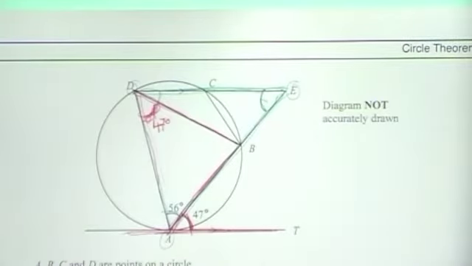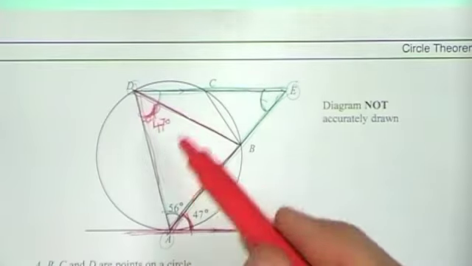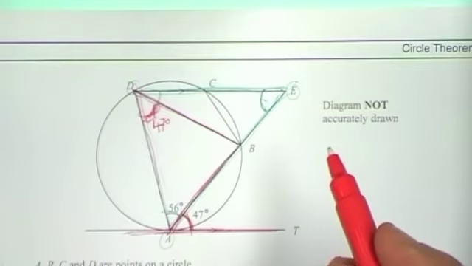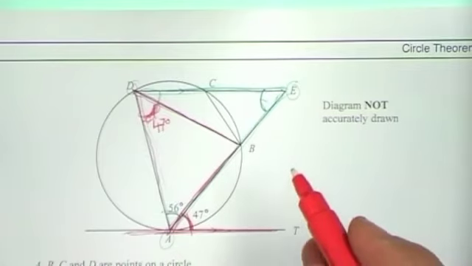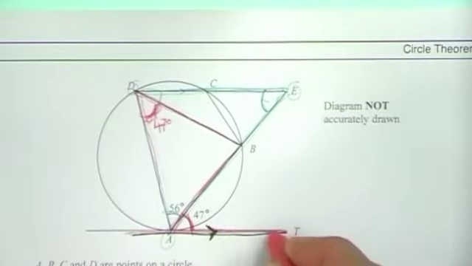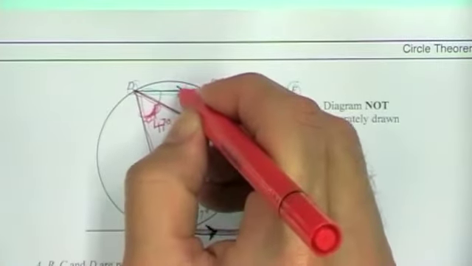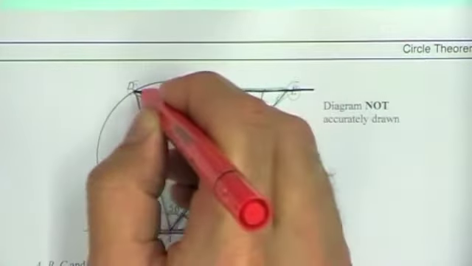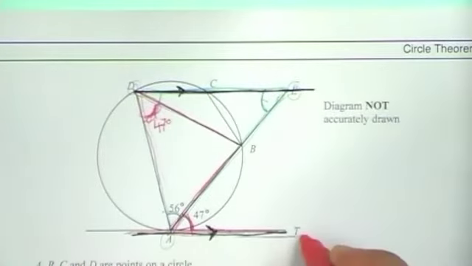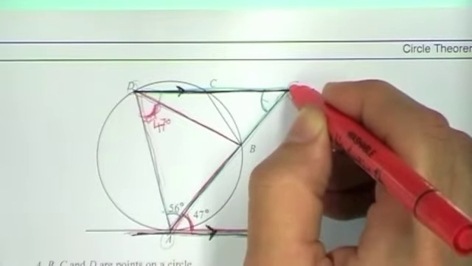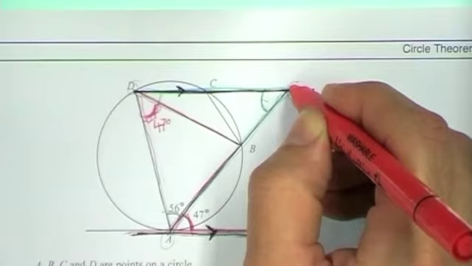I've had a look at this one, and I think finding that is quite a tricky one, but something I did spot, which makes this question actually very easy to start with, is there were little arrows on this line here, and there's an arrow on this line here. Now those arrows mean that this line here is parallel to this line here, and since this is a crossing line, we get a pair of alternate angles.